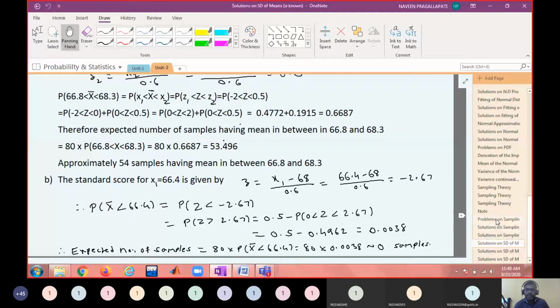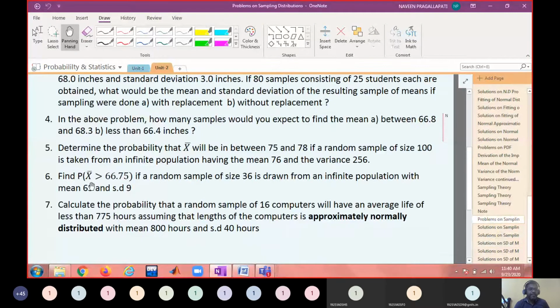Now remaining problems are also similar. What is the fifth one? Determine the probability that x bar will be in between 75 and 78 if a random sample of size 100 is taken from an infinite population having mean 76 and variance 256. Nothing is mentioned about the normality of the population, but the sample size is 100.